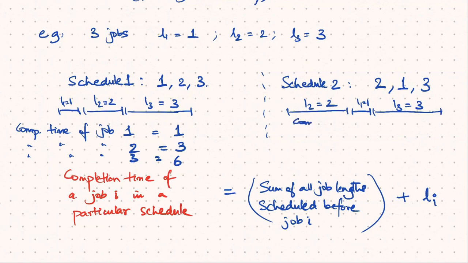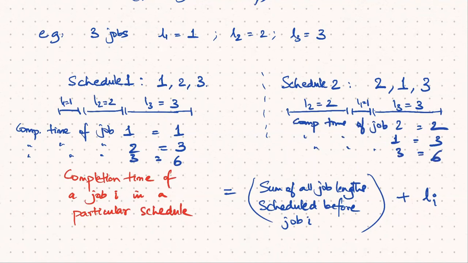Similarly here, the completion time of job 2 is 2. The completion time of job 1 is 3. And the completion time of job 3 is 6.